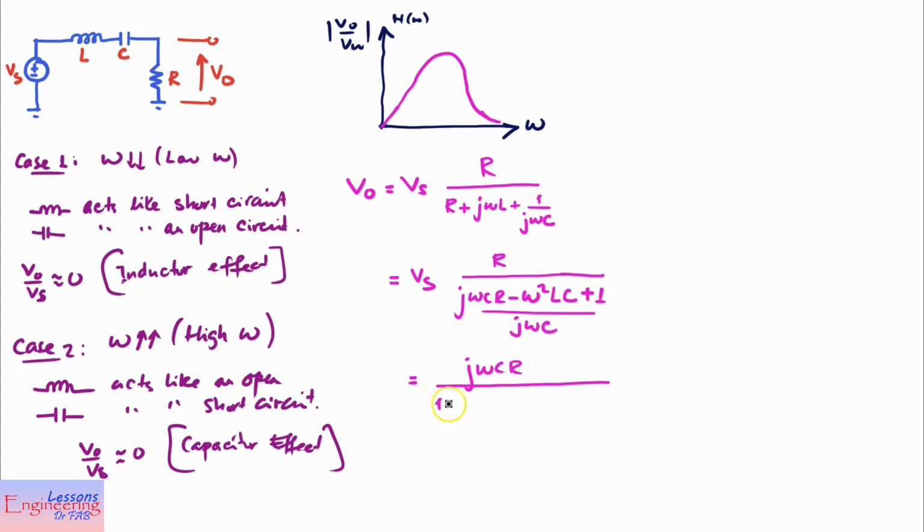So 1 minus omega square LC is our real component, and in the imaginary component we have J omega CR plus J omega CR. So therefore we have V naught over Vs.